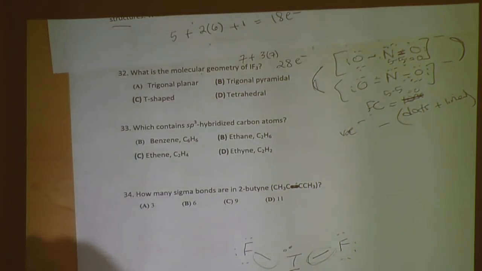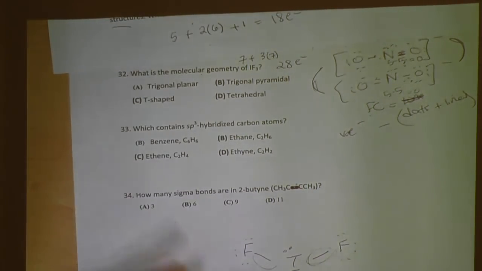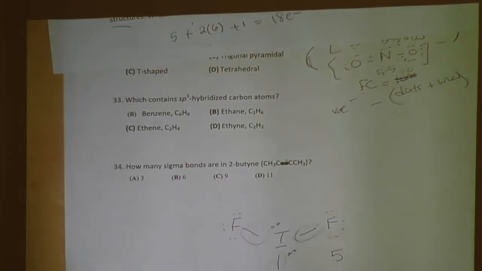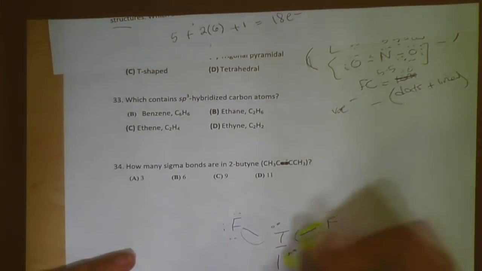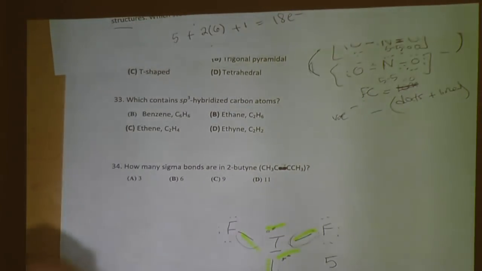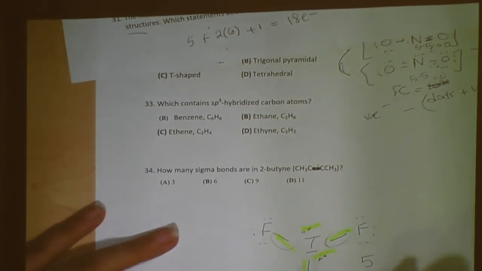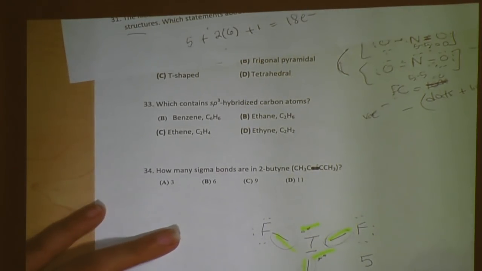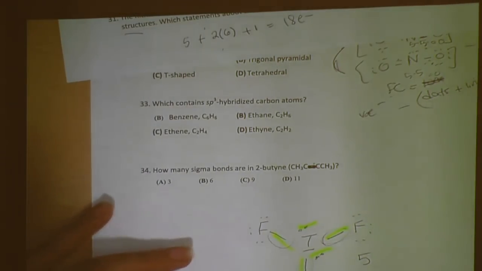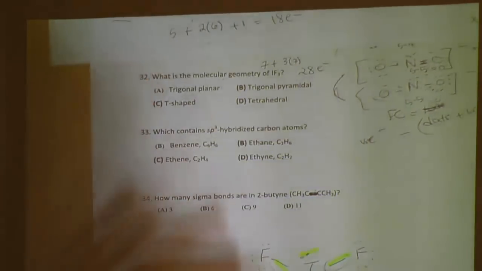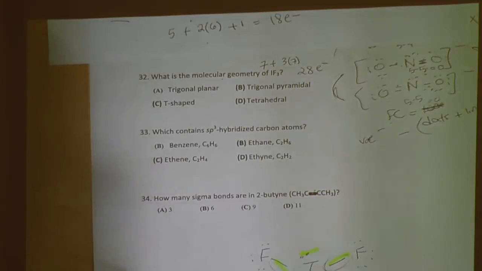So when it's asking for the molecular geometry, I have 5 areas of electron densities. So 1, 2, 3, 4, 5. 3 of them are bond pairs, excuse me, and 2 of them are lone pairs. So that brings me to the shape of T-shaped.